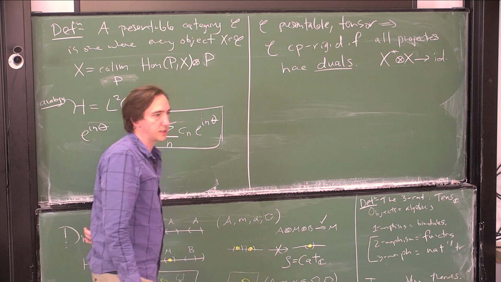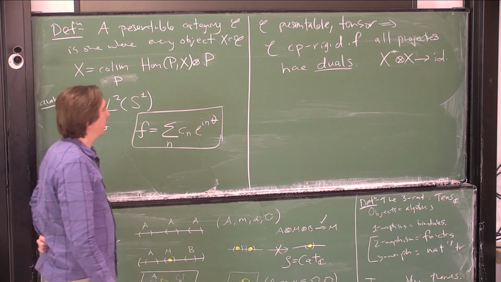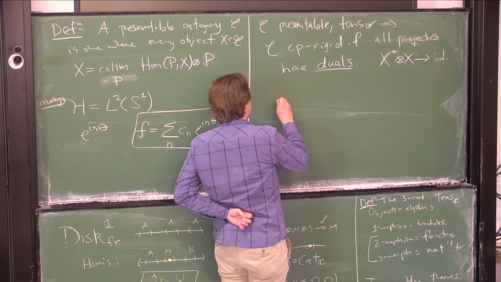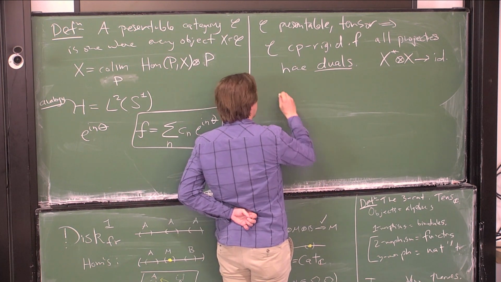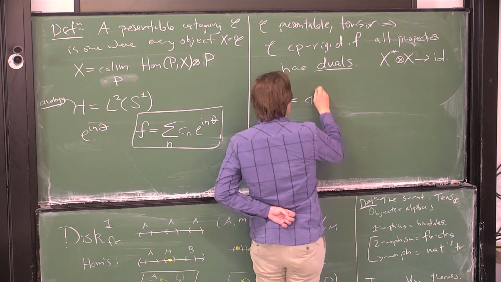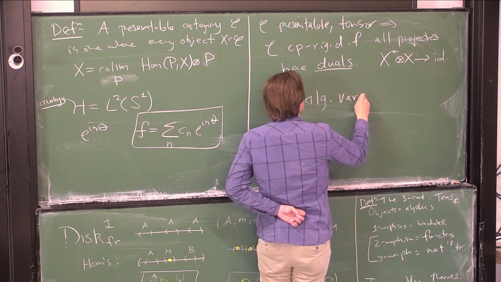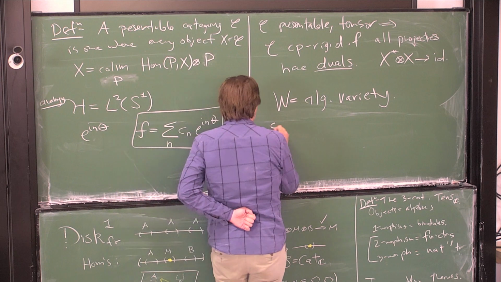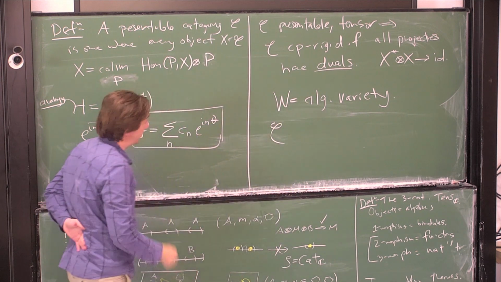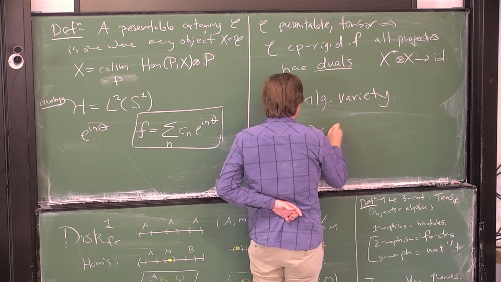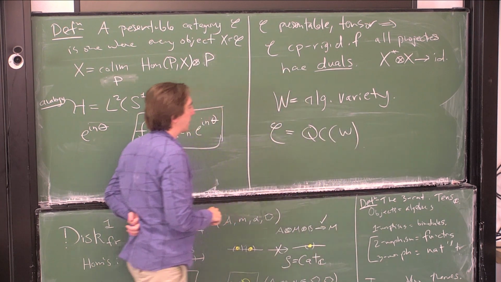But if we want to talk about things like infinite groups, for instance, then that's a bad idea. Or for instance, if we want to do algebraic geometry. So suppose that now that I'm running out of letters, W is some algebraic variety. A perfectly good example of a CP rigid, even presentable tensor category, would be to take quasi-coherent sheaves on some algebraic variety.